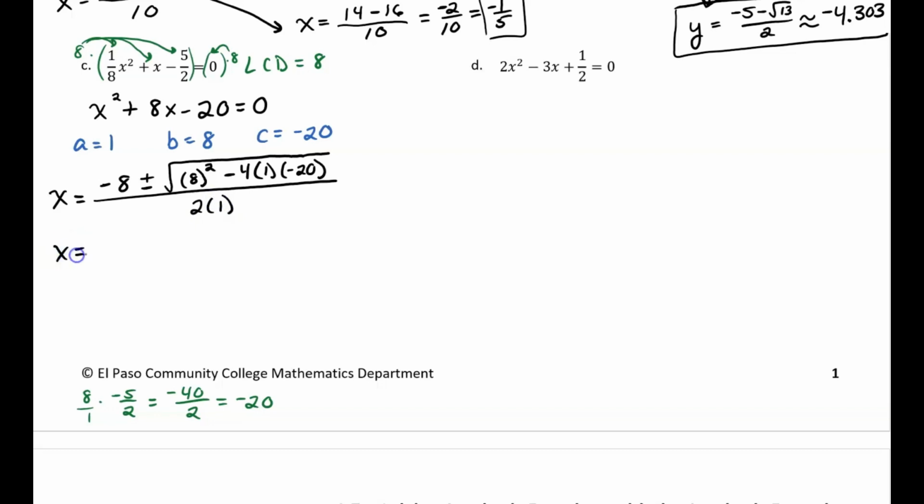Filled everything in. Now comes the order of operations. So I'm going to work on the inside of my radical here. My square root, I should say.